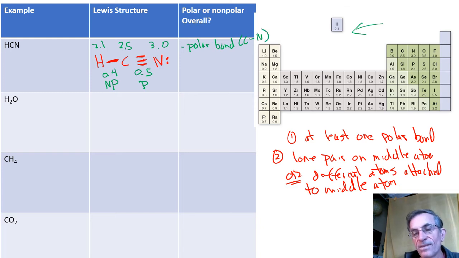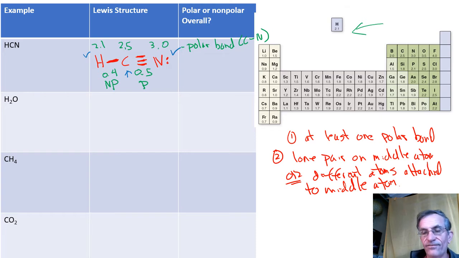Now, that's not where we stop. If I want to know whether this molecule is polar overall, I look at the middle atom, my carbon, and ask whether there are any lone pairs on it. On carbon, there are no lone pairs. The other way you could be polar is to have different atoms attached to the middle atom, and we do have that. Attached to the carbon, one atom is a hydrogen and one atom is a nitrogen.